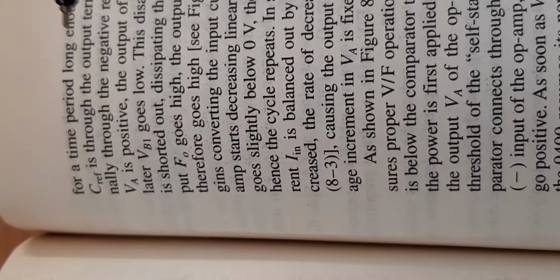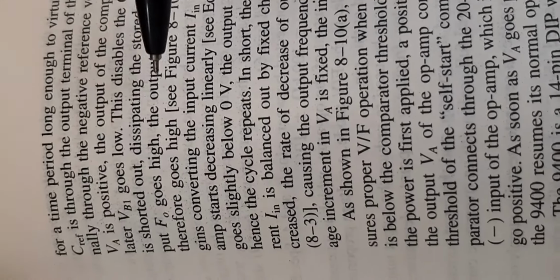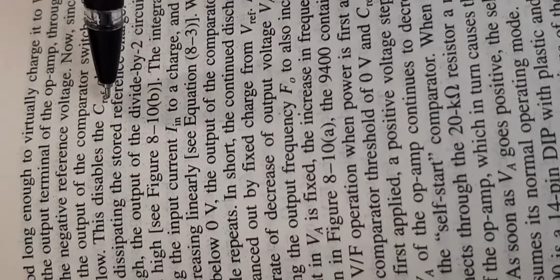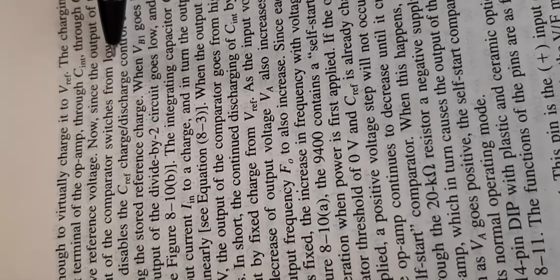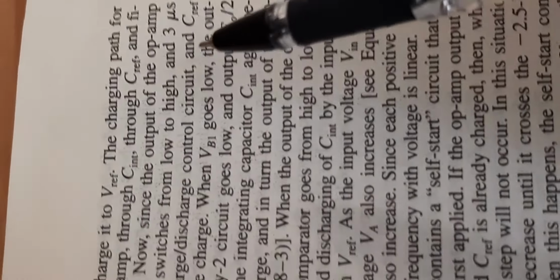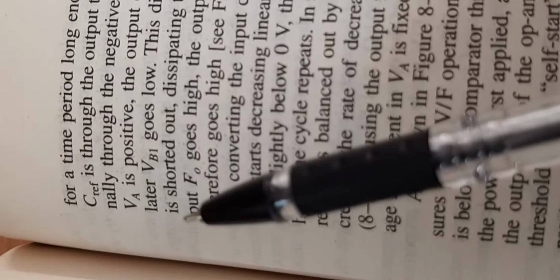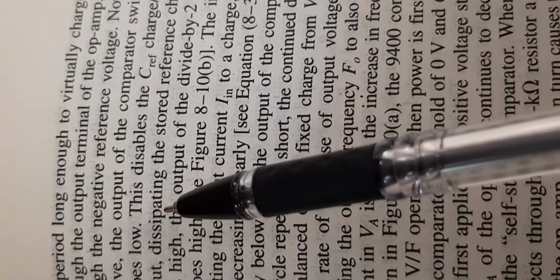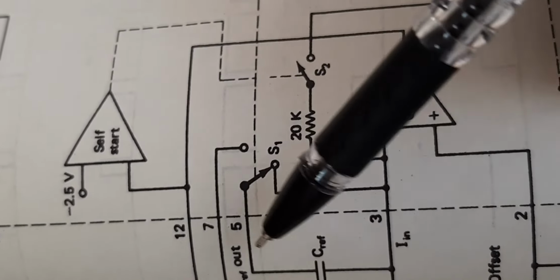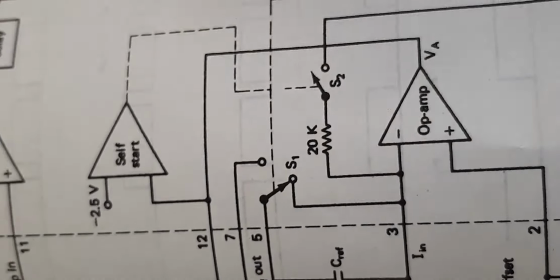Now, when VB1 goes low, this disables the C reference charge discharge circuit, and C reference is shorted out. Disabled means this will be connected here, so whatever charge is in this will be discharged.